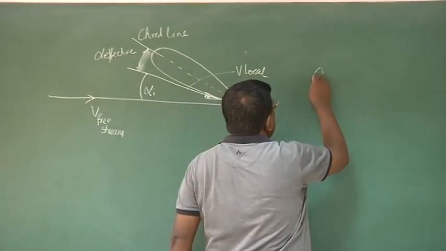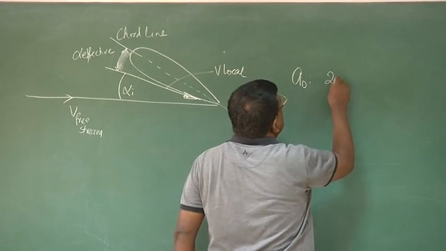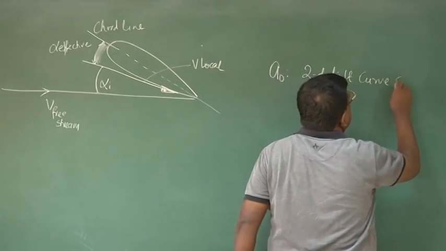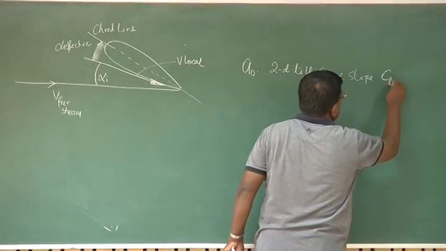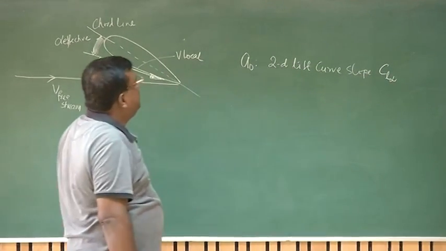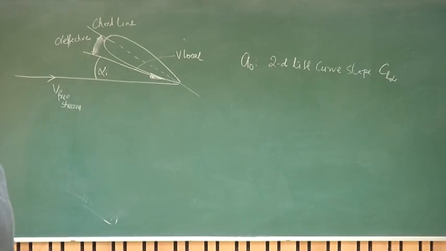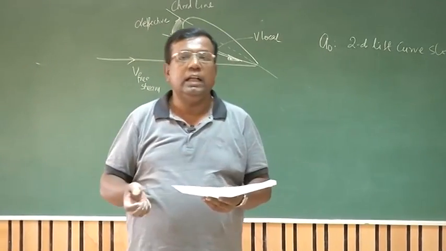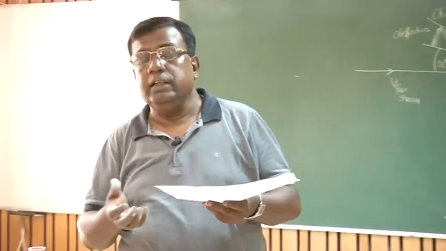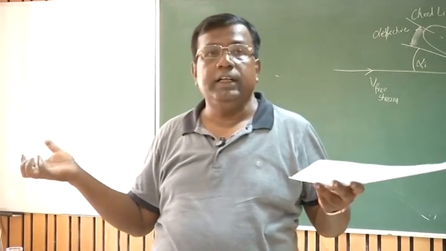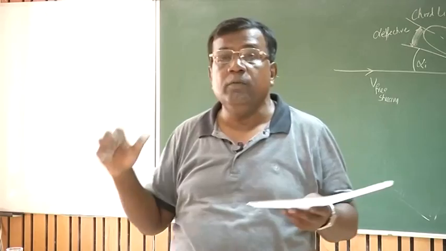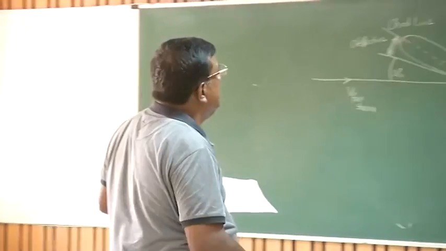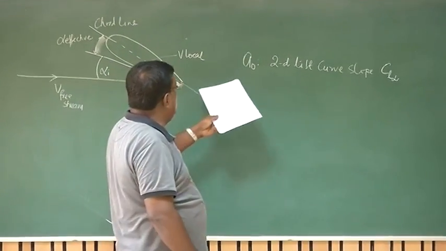If I denote A0 as the 2D lift curve slope, which is typically CL alpha, what is the meaning of this 2D lift curve slope? We are assuming that the span is infinite, so there is no alpha I, because if it is infinite, that means there are no wingtips. It's not a finite wing, so there won't be any wingtip vortices, so there won't be any downwash, so there is no alpha I. Okay, so that is what A0 is.